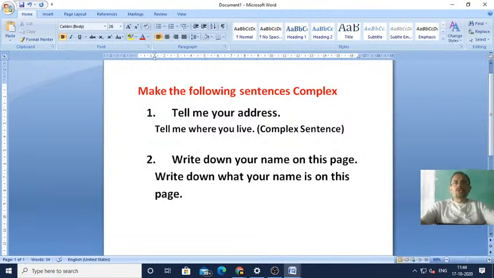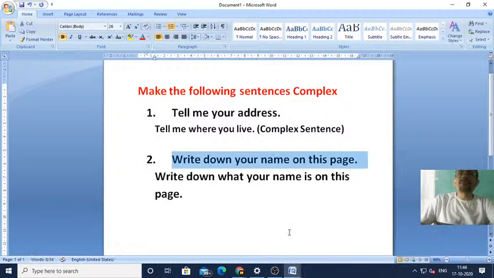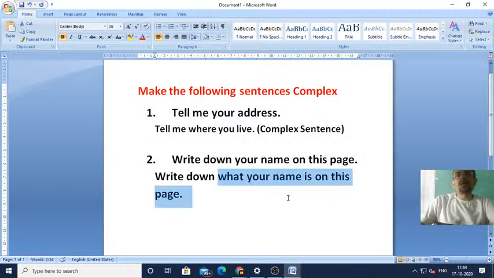Normally we don't write in this manner, but supposing that such a question comes and you have to make it a complex sentence, then you have to make it like this, because this is the main clause and this is the subordinate clause. Normally we don't say write down what your name is on this page. We normally say write down your name on this page.